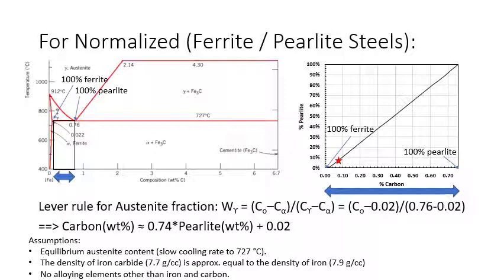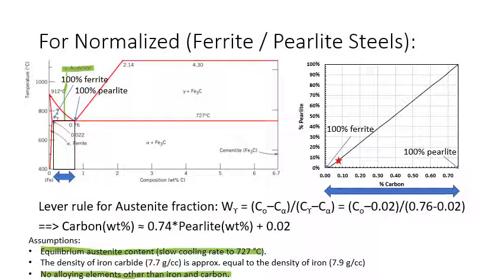Well, starting with making some simple assumptions: starting from austenite, the material cools slow enough to 727 degrees Celsius that we have an equilibrium amount of austenite and ferrite, and also that there's not a significant enough amount of other alloying elements to throw this phase diagram, the iron carbide phase diagram, off too far, to not translate the lines on the phase diagram.